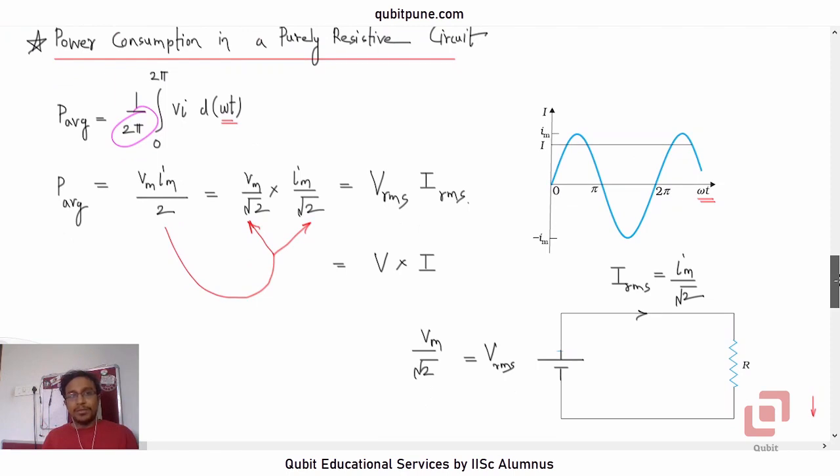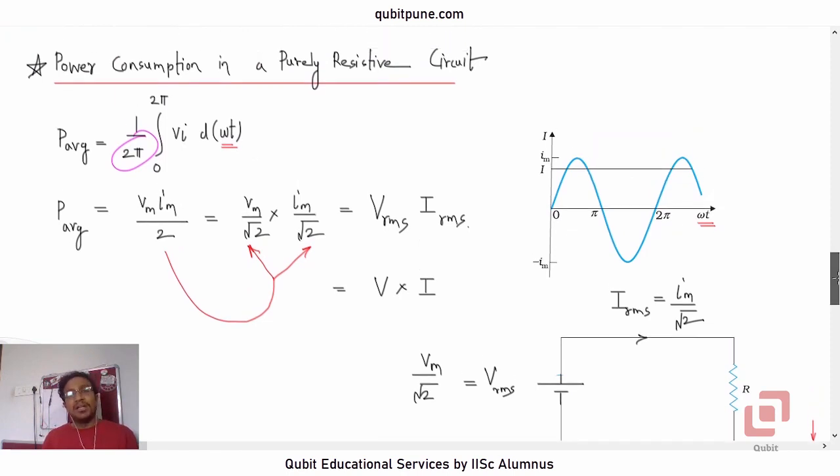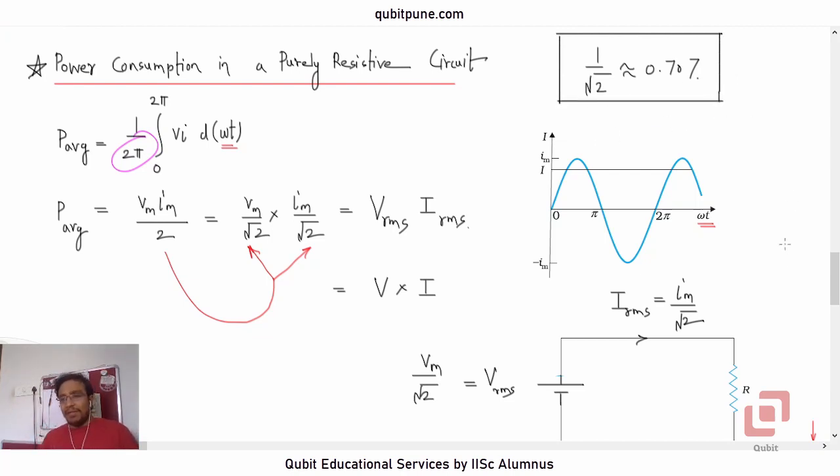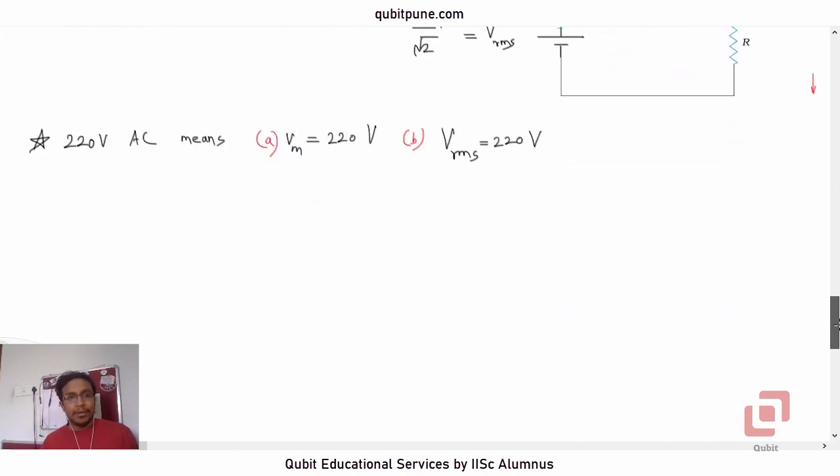So power consumption in a purely resistive circuit is Vrms into Irms, and remember, this is not instantaneous power consumption. This power consumption is average over a cycle, correct? One more thing, 1 by root 2's approximate value is 0.707, or around 70%. Alright.